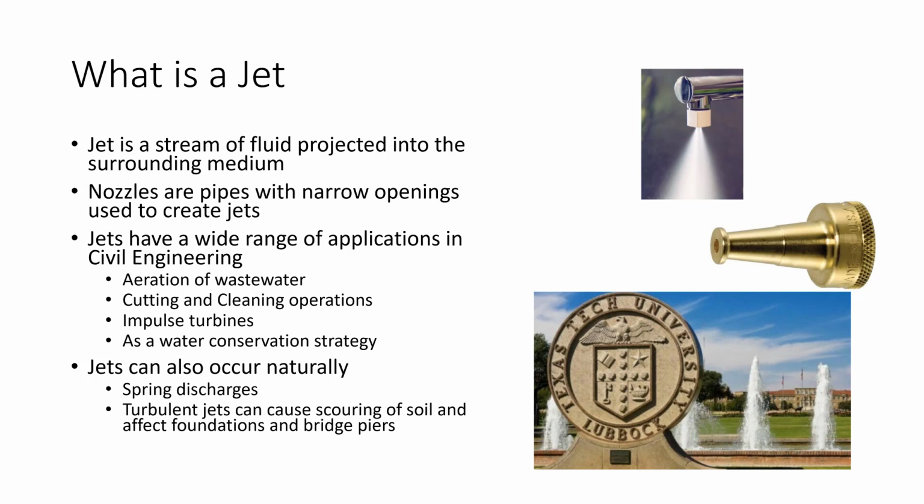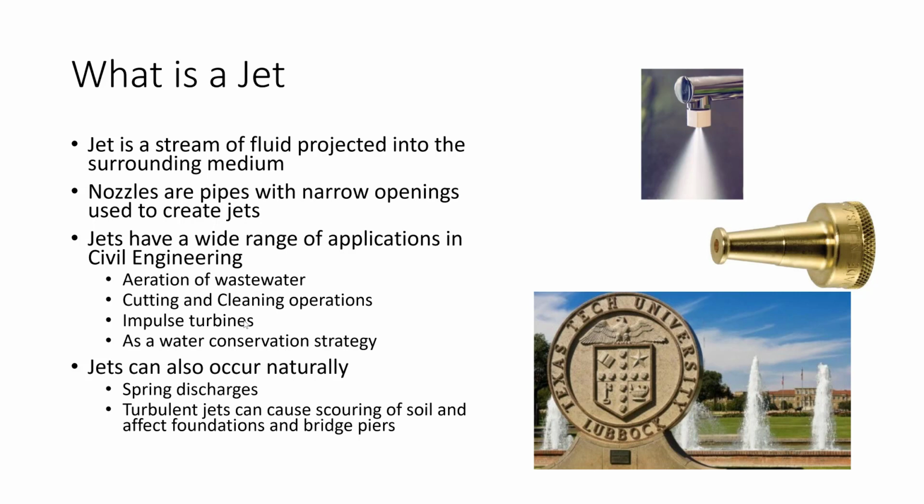Another very important use of jets is with impulse turbines. Basically, we have a jet hitting the blade of the turbine, which causes the turbine to move, and the movement of the turbine produces mechanical energy, which in turn is converted into electrical energy, and that's what turbines do.